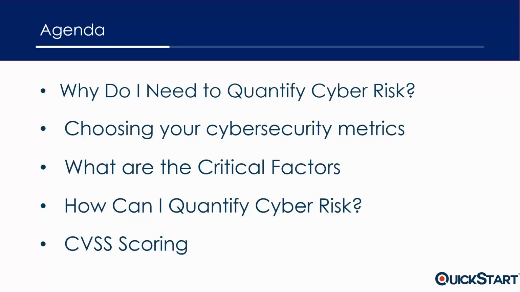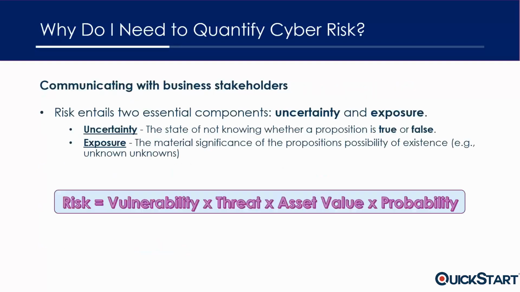We'll talk about when we get there how to measure things that are very non-technical or non-physical. Okay, so when it comes down to why I need to quantify and qualify my risk, it all really comes down to our job as cybersecurity professionals: to be able to communicate to the business stakeholders, to the C-level executives, what their true risk is. That's what they rely on us for.